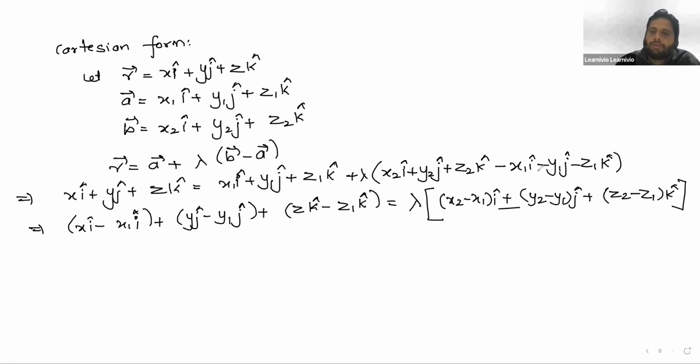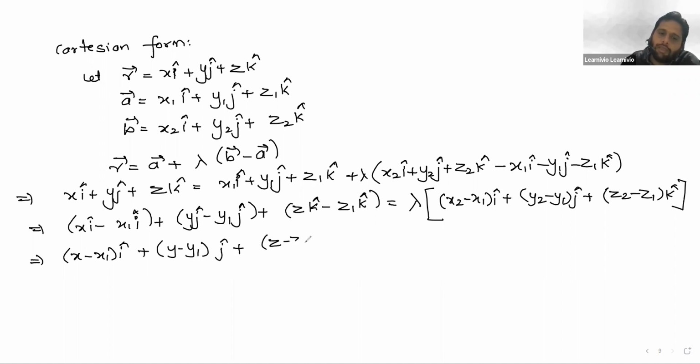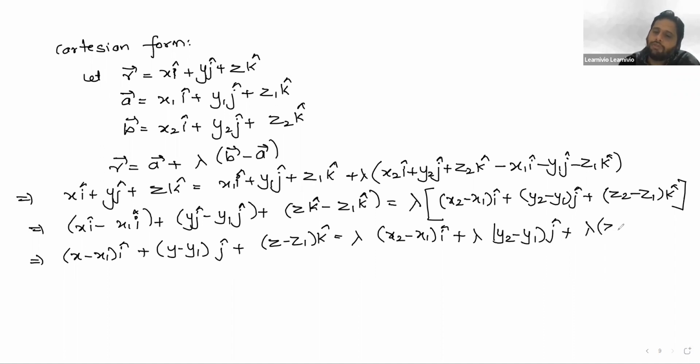Now compare i cap with i cap. So (x minus x1) i cap, then (y minus y1) j cap, (z minus z1) k cap, equal to lambda times (x2 minus x1) i cap, lambda times (y2 minus y1) j cap, lambda times (z2 minus z1) k cap.